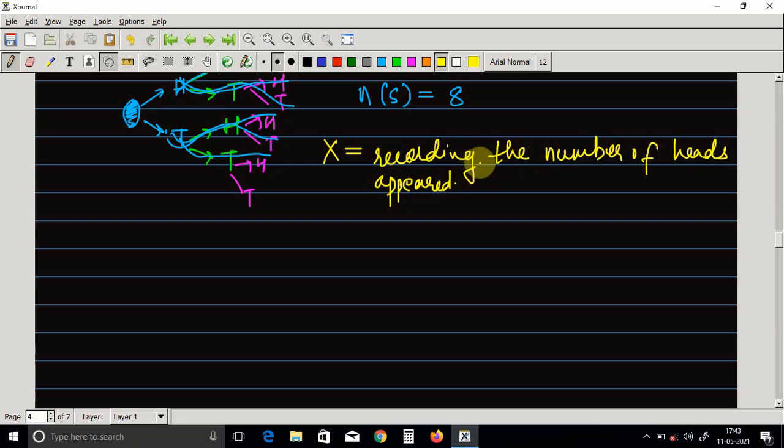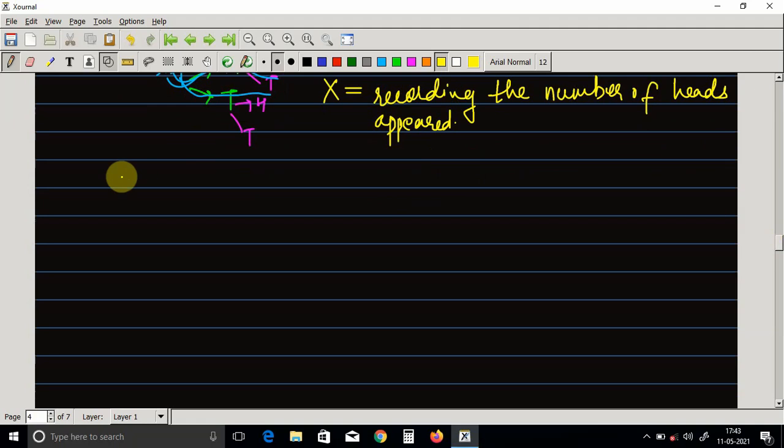I'm recording how many times I got head in all those three tosses. So X can take values like this: no head, then only one head, then two heads, then all three heads.